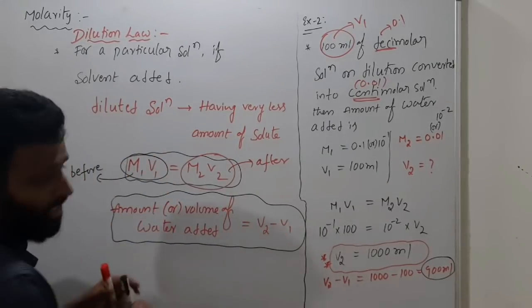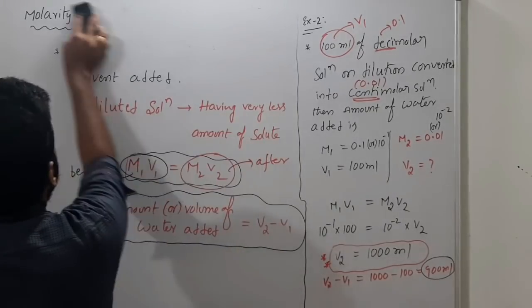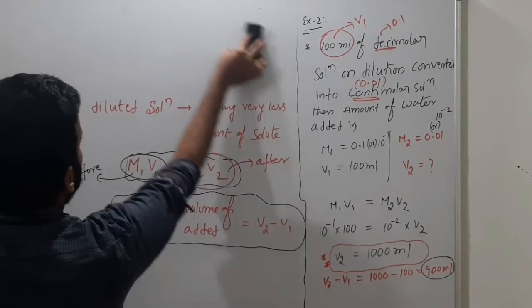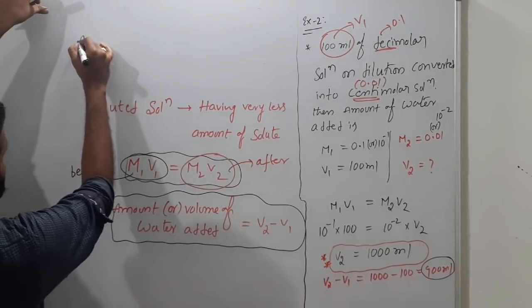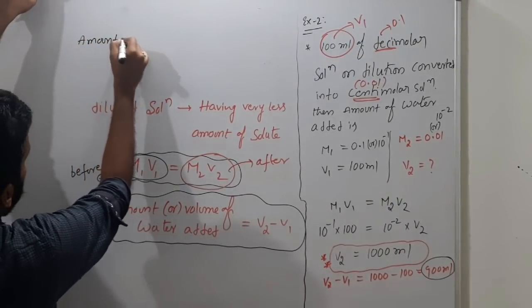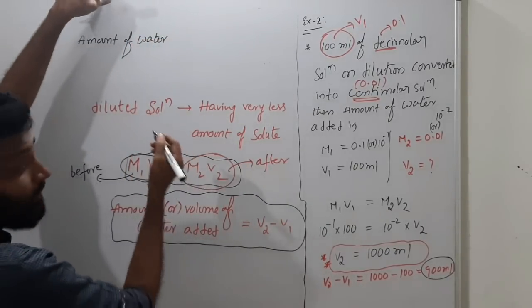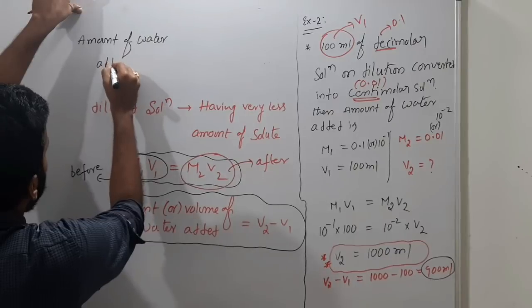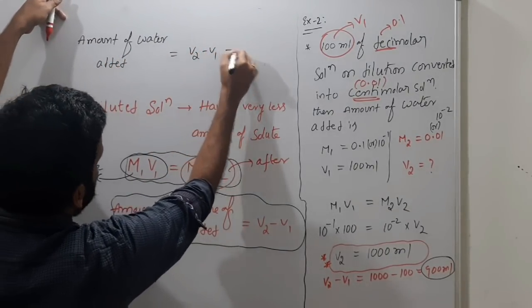If you are unable to see, I'll write here. So what is the amount of water added? Amount means in ml only. Volume they are asking. Amount of water added is equal to V2 minus V1.